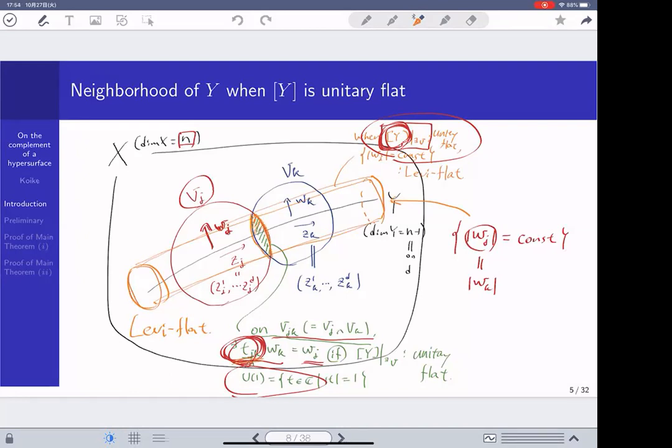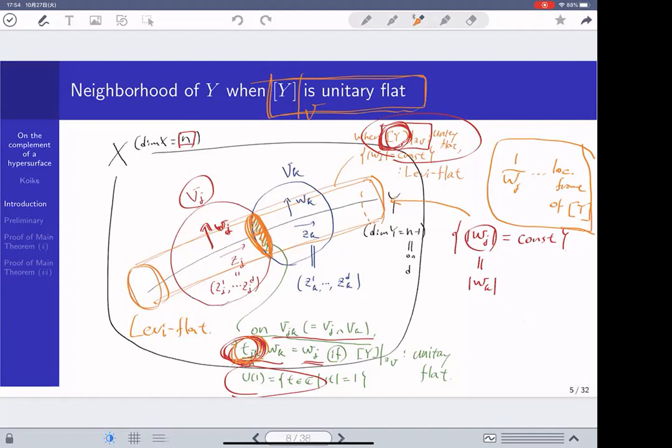Because here I'm regarding 1 over Wj as a local frame of the line bundle Y. And here I'm assuming that this one is unitary flat on the neighborhood of Y. So not only along Y, but also on the neighborhood, the transition functions are unitary constants. That is an important part of this condition. Actually, this is the explanation why the condition that Y restricted to a neighborhood is unitary flat is important.